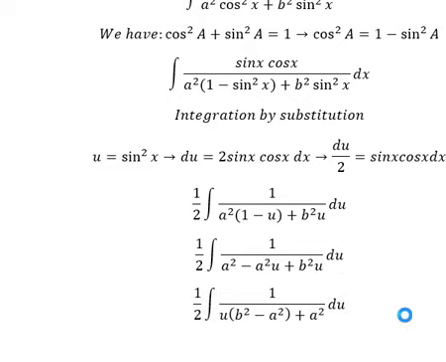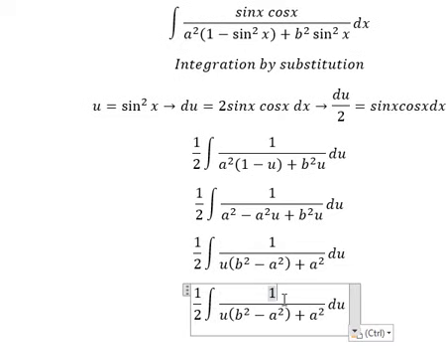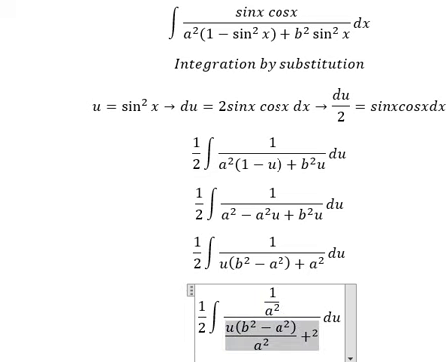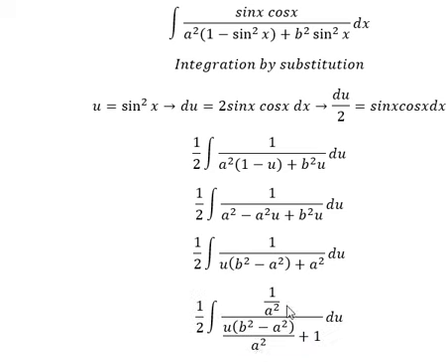Next, we divide by 1 over a square on the numerator and denominator. So that should be like this.